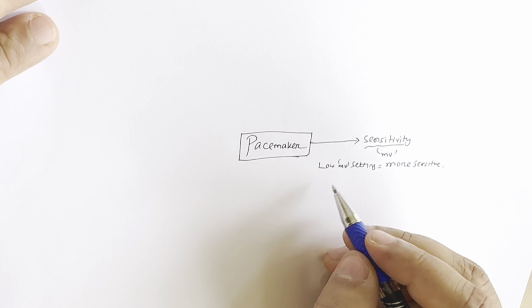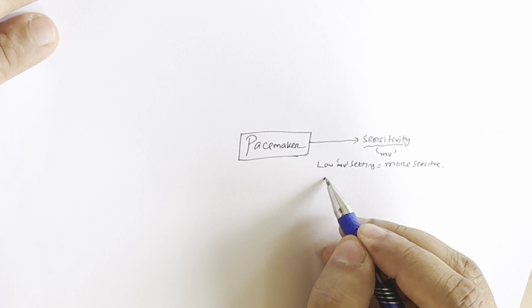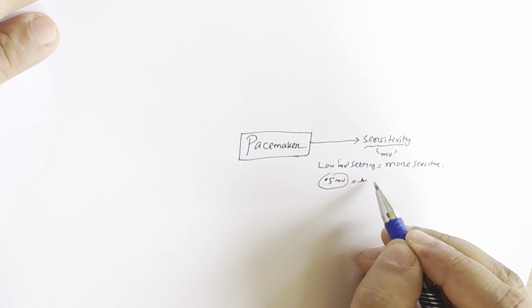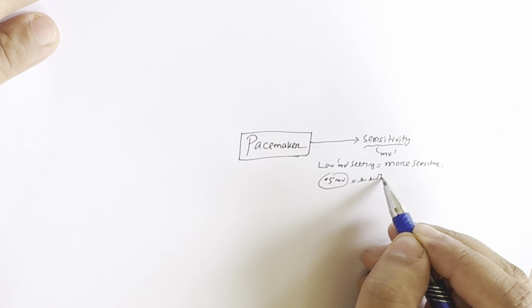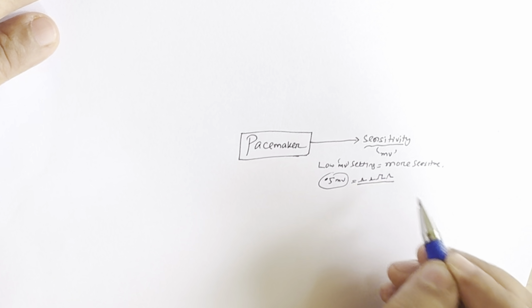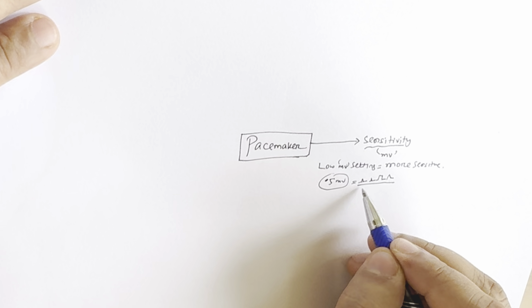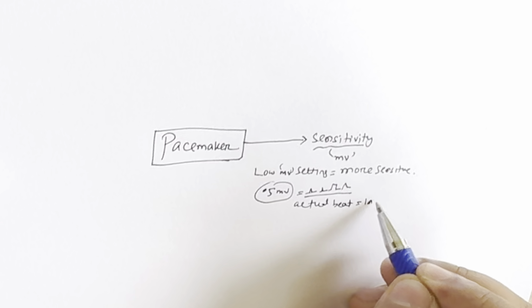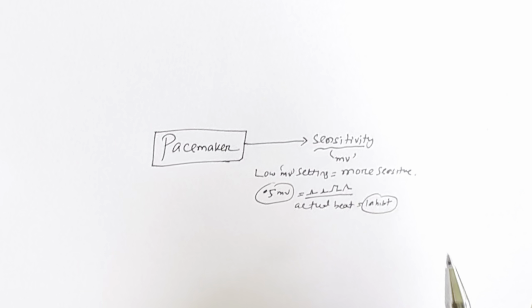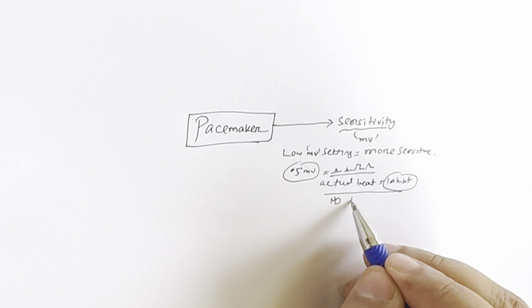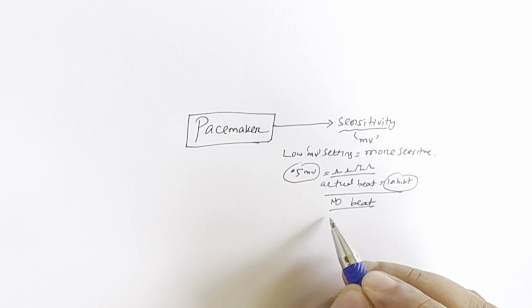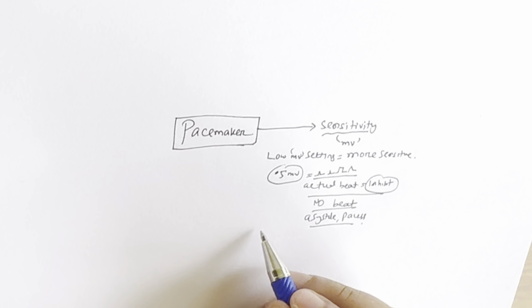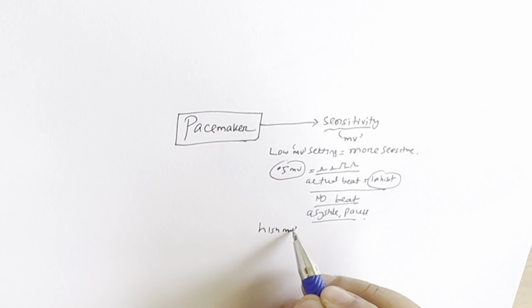For example, if you have set a setting of 0.5 millivolt, then every small waveform will be detected as an actual beat, and the pacemaker will inhibit itself. So there will be no beat, producing asystole or pause.